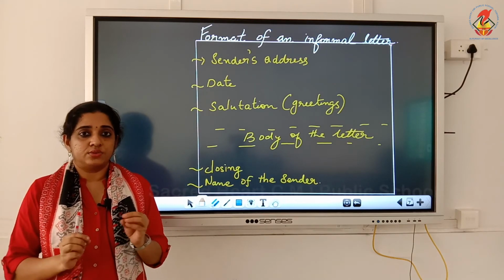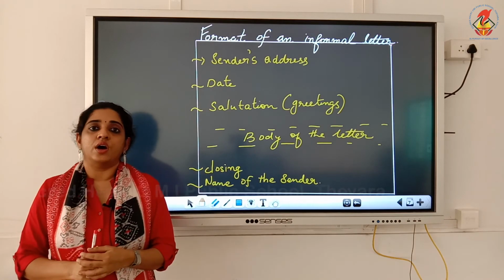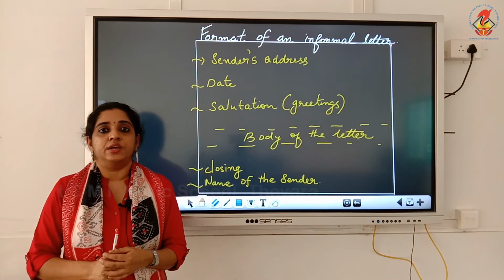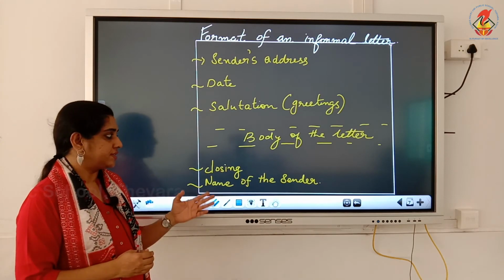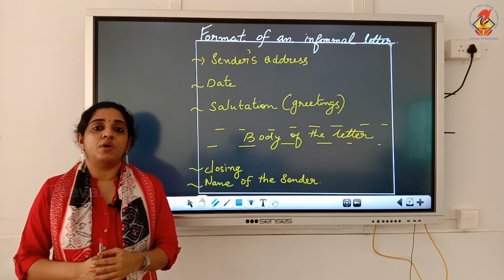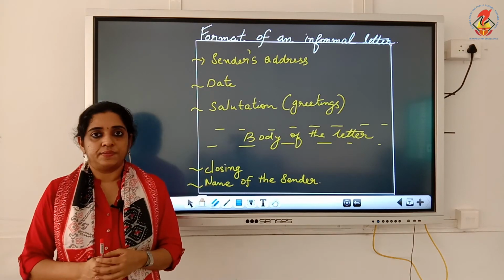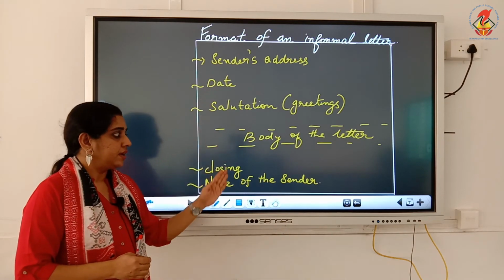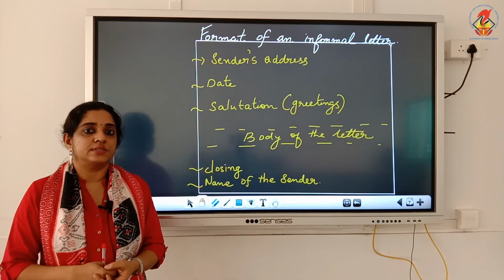Now closing: yours lovingly, yours affectionately, your loving son, your loving friend. And the name of the sender, since I am writing the letter, I should write my name at the end. So these are the basic components of informal letters.